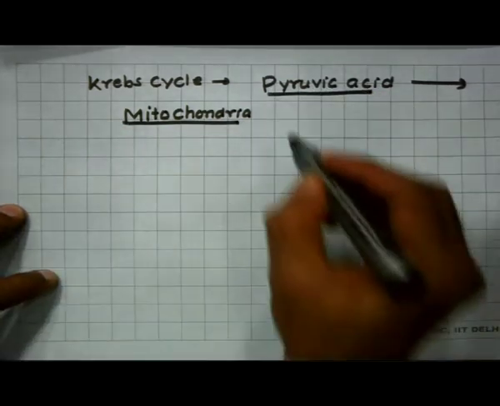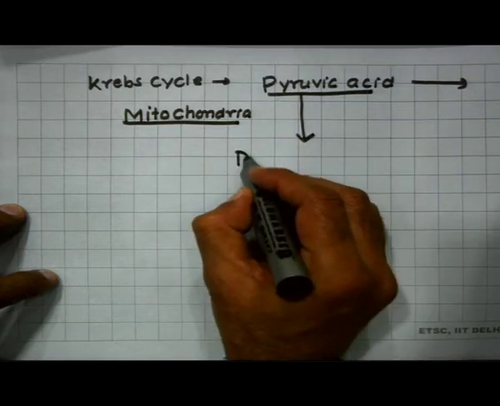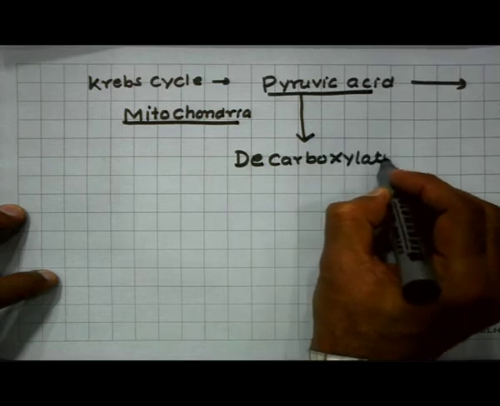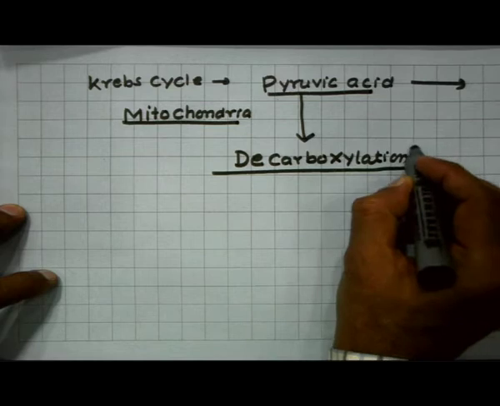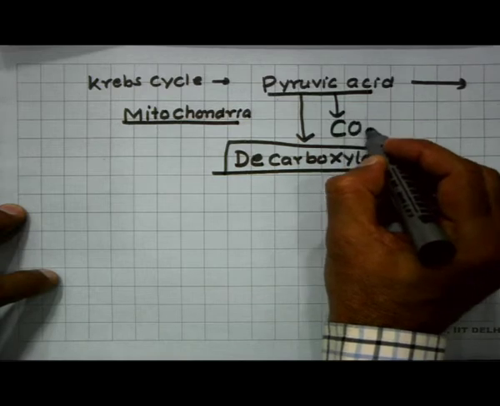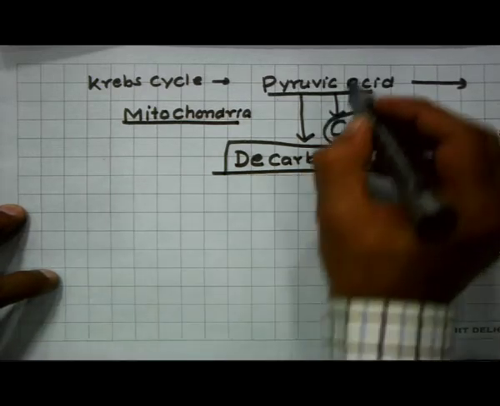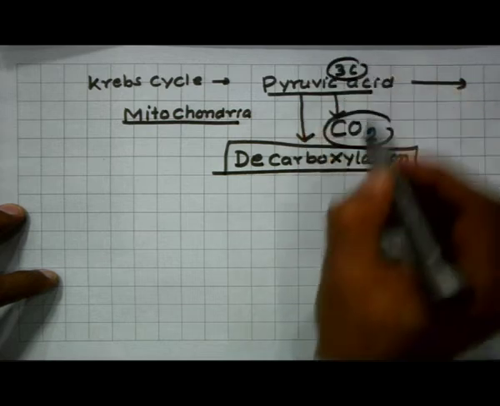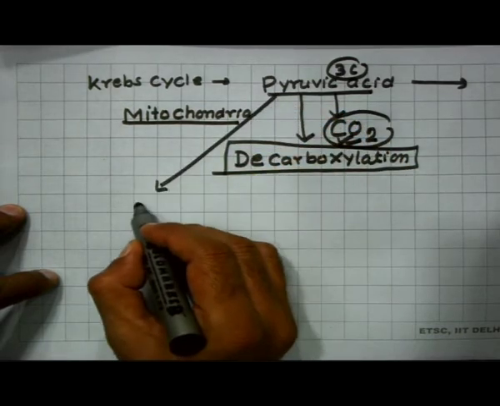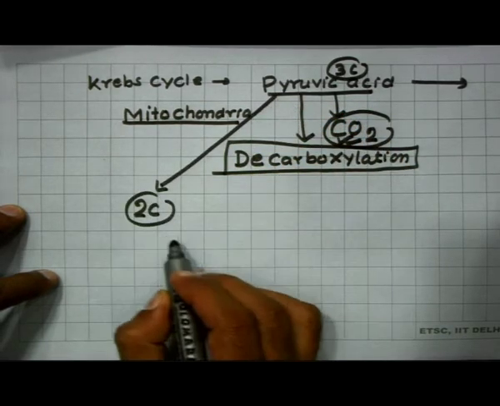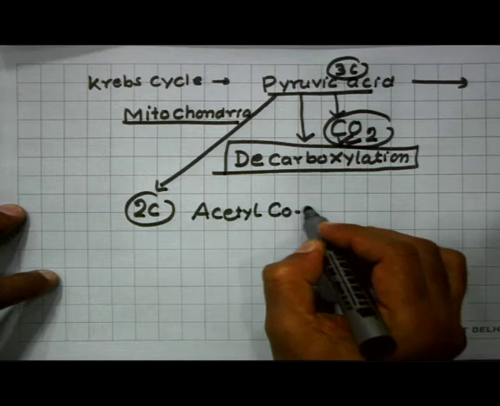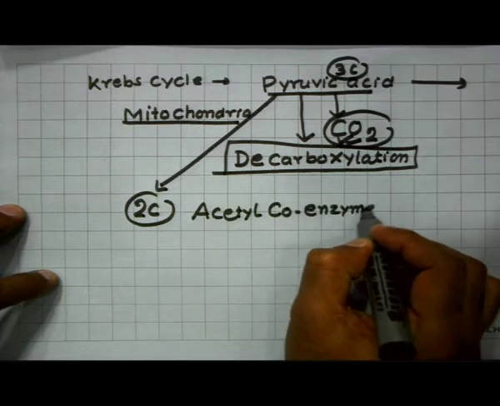The pyruvic acid undergoes decarboxylation, meaning carbon dioxide is released from the pyruvic acid. Pyruvic acid is a 3 carbon compound; when 1 carbon is released in the form of carbon dioxide, it forms a 2 carbon compound called acetyl coenzyme A.